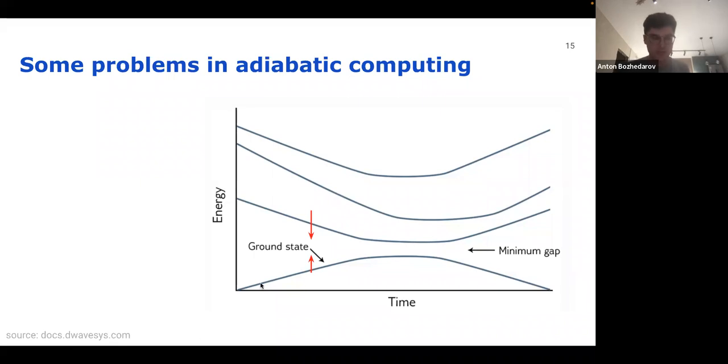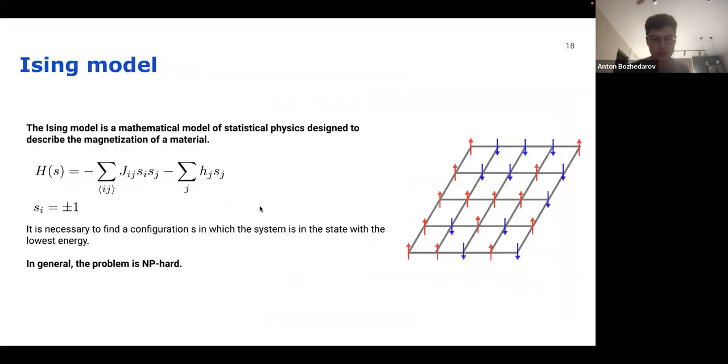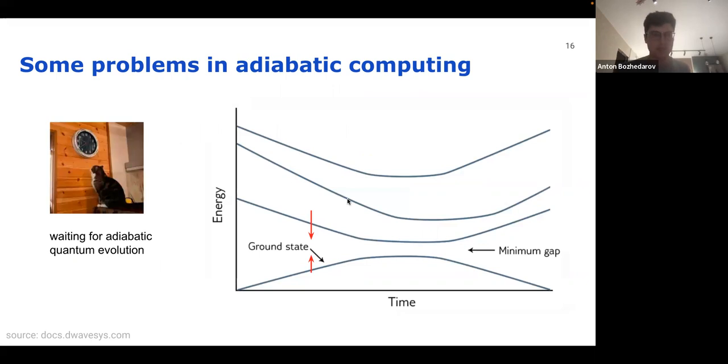So the energy is very precisely known, the ground state being the state that corresponds to the minimum energy of the system. But when we increase the interaction between spins and add additional magnetic fields, the problem becomes more complex, and NP-hard actually.